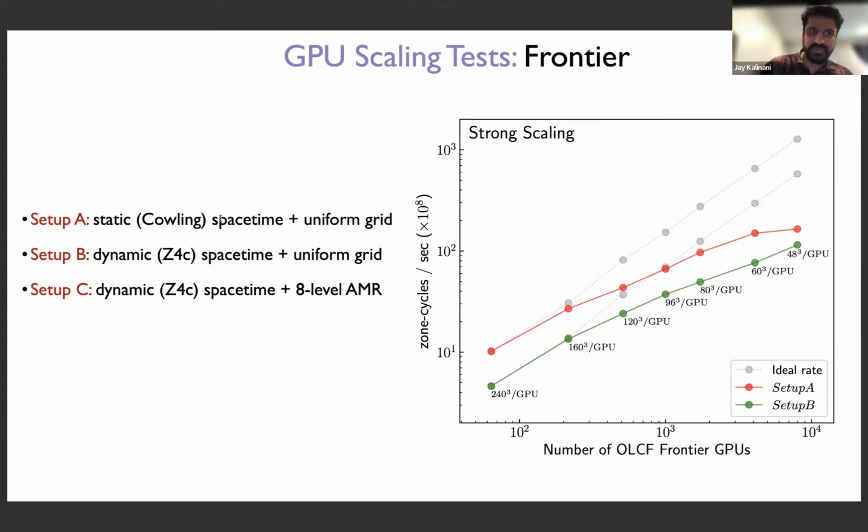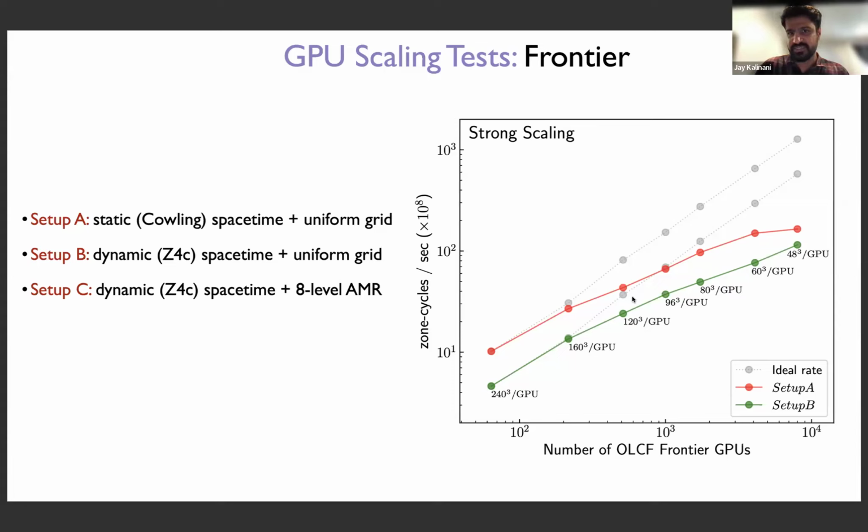Setup A is evolved in Cowling spacetime, so you don't evolve the spacetime. You keep it the same as the initial data, using a uniform grid. Setup B actually evolves the spacetime using the Z4C thorn, still on a uniform grid. And setup C evolves the spacetime using 8 levels of AMR.